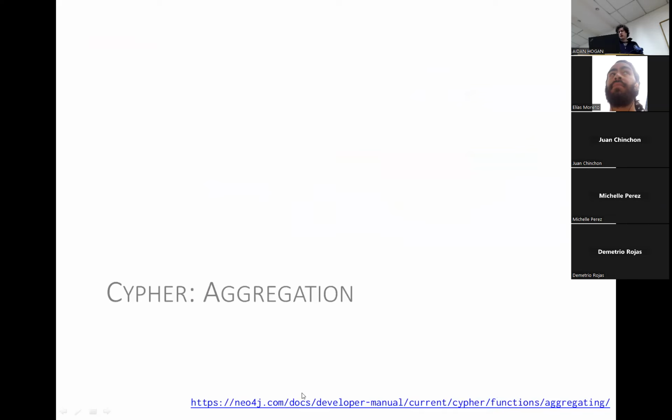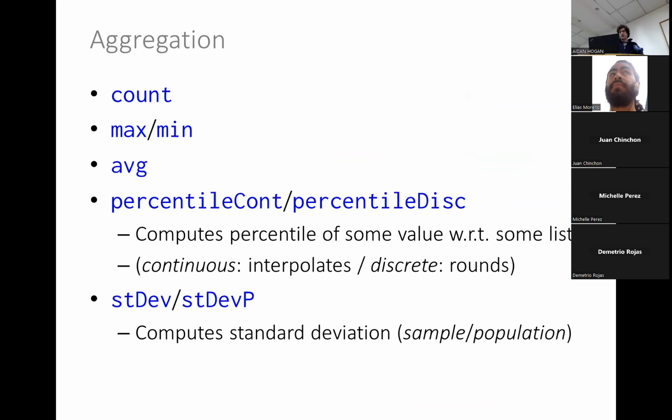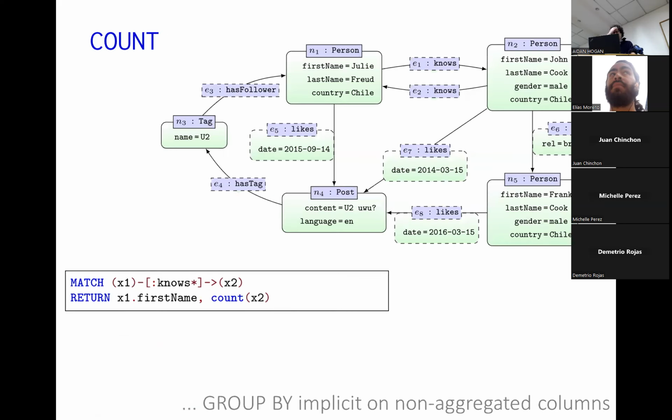Okay, so another feature, but it works a bit differently in Cypher, is the aggregation feature. So we can do things like count and max, min, average, percentile, standard deviation and so forth. What works a bit differently is that we don't actually group by. We don't specify any explicit group by. Rather, we will apply group by implicitly on the non-aggregated columns, which is an interesting feature.